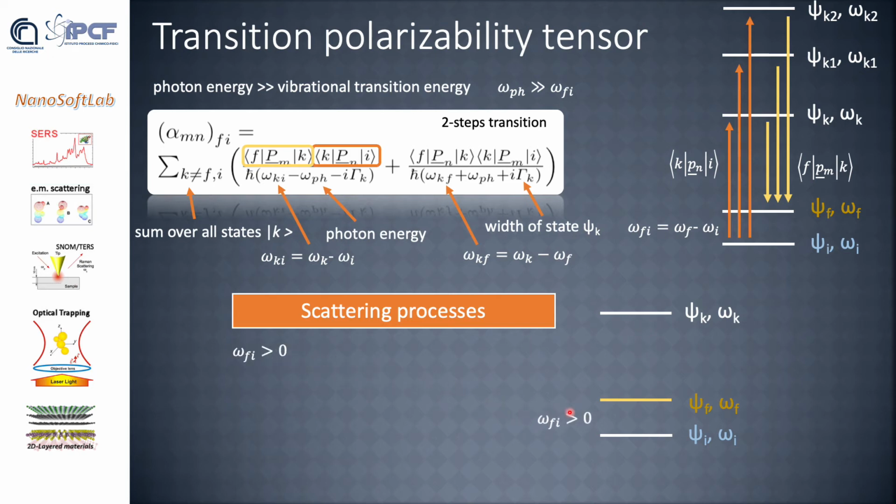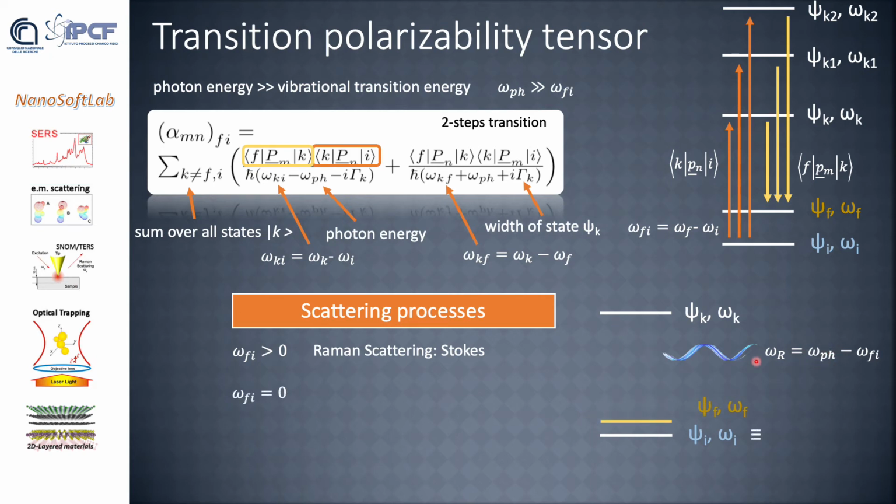If the energy of the final state is larger than the energy of the initial state, we will have a transition from the initial to the final state with the emission of a photon that has an energy slightly smaller than the excitation energy. Okay? And this is Raman-Stokes.